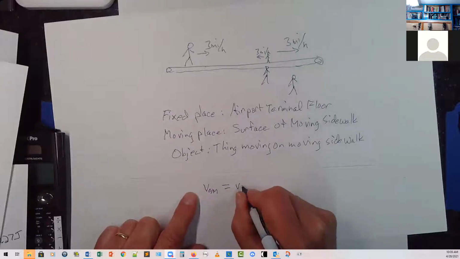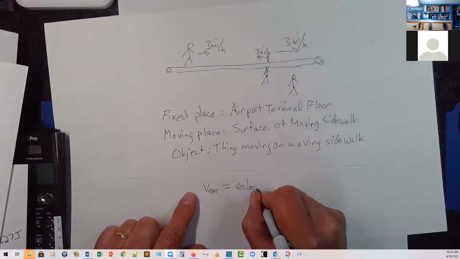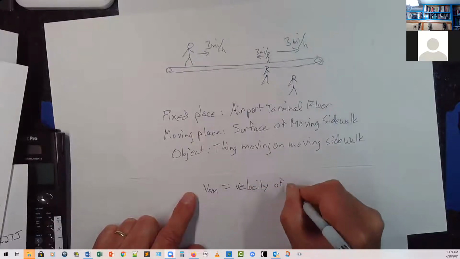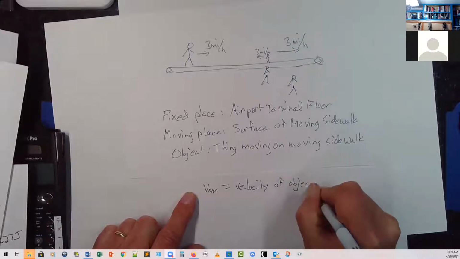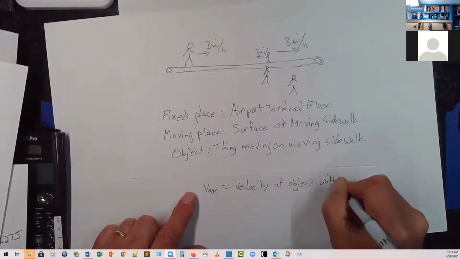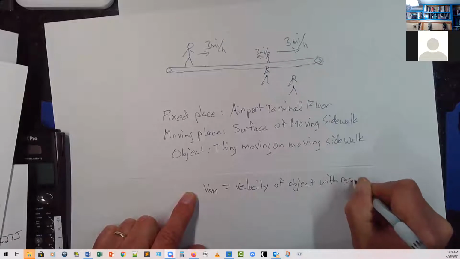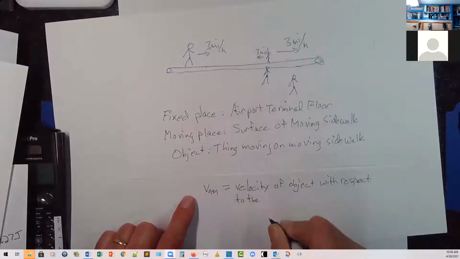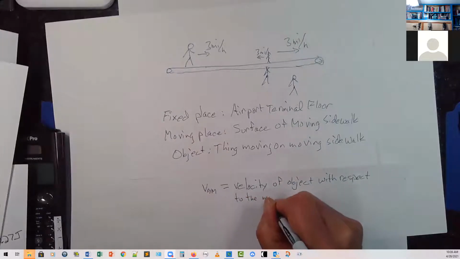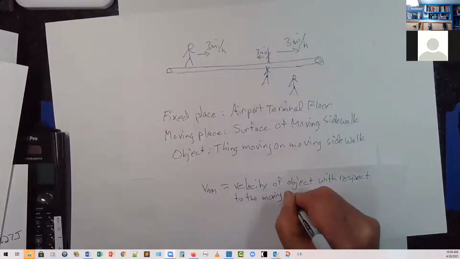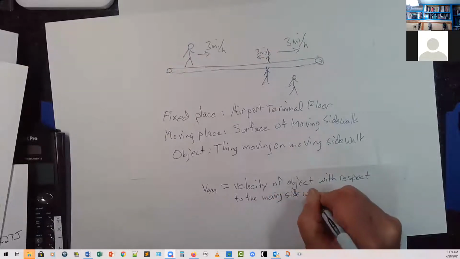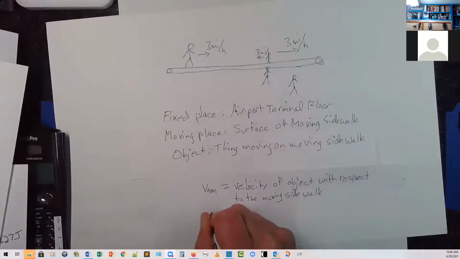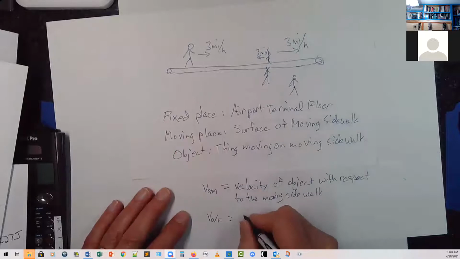This is the velocity of the object with respect to the moving sidewalk. And then I'll have a velocity of the object with respect to the floor. And so that'd be the velocity of the object relative to the fixed thing.